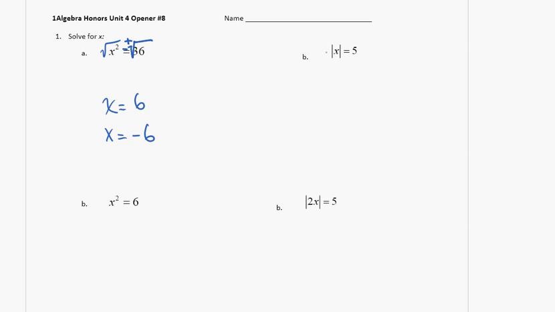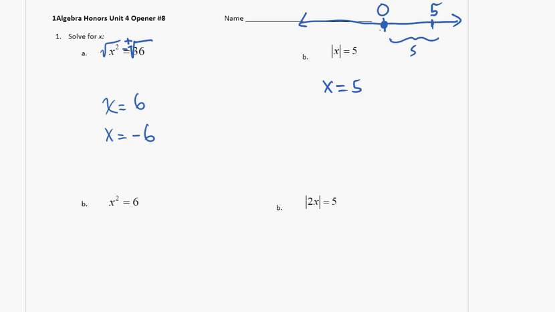Okay, well, let's look at this second problem now. This is an absolute value equation. And it just says that the absolute value of x equals 5. In other words, this is saying that the distance from 0 to x on a number line is 5. So if we think about a number line, and if 0 is right here on the number line, if we go 5 units in this direction, then this distance comes out to be 5, and of course we end up at the number 5.